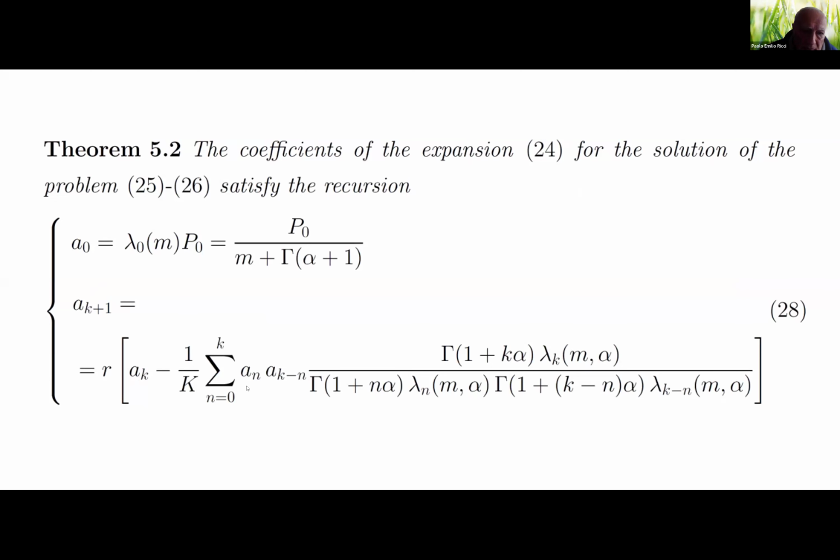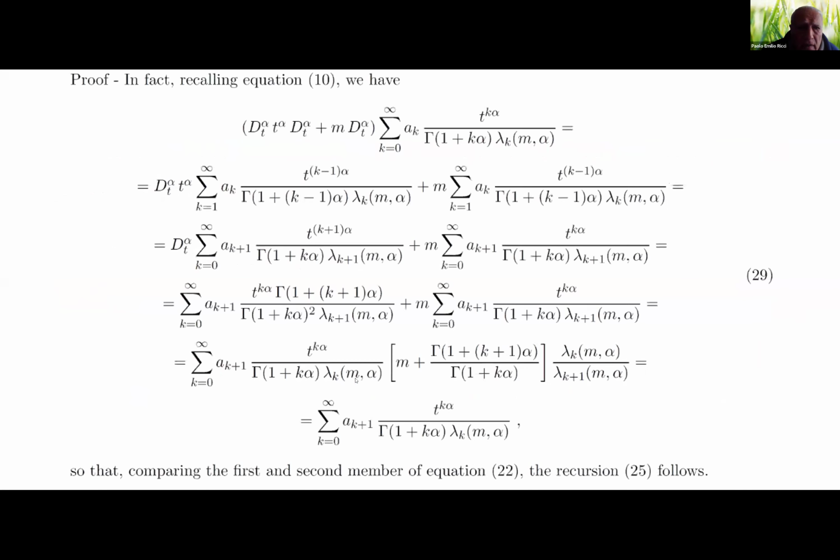This is a power multiplication of the coefficient, and also the denominator is quite complicated, but then it's possible to see in some cases. This is the proof. So the proof is very simple. You apply this operator, make all the computation, and compare this one with the second member, and this gives the recursion of the coefficients.